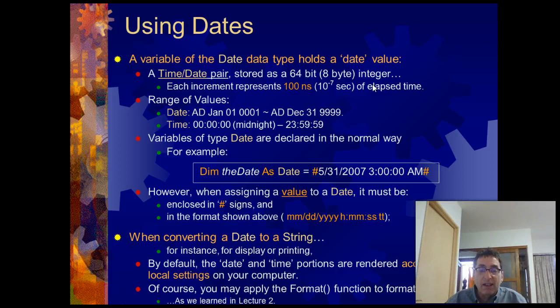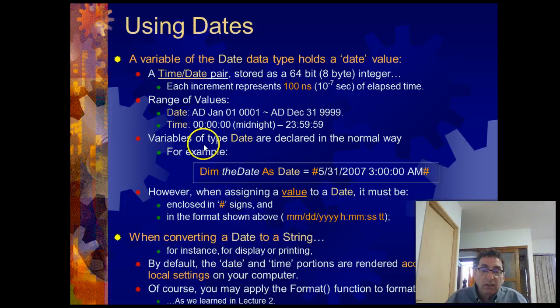It's translated into what it represents by the computer. Each increment represents 100 nanoseconds, or 10 to the negative 7th seconds of elapsed time. So this is the range of values for the date, and for the time it goes from here to here.